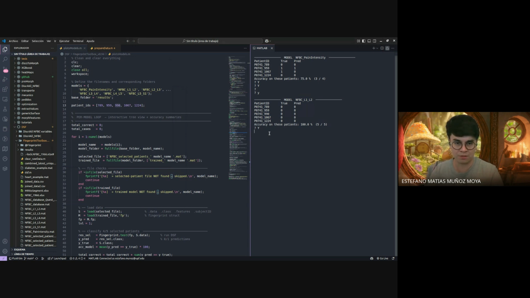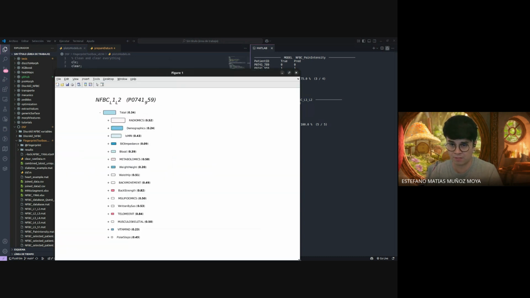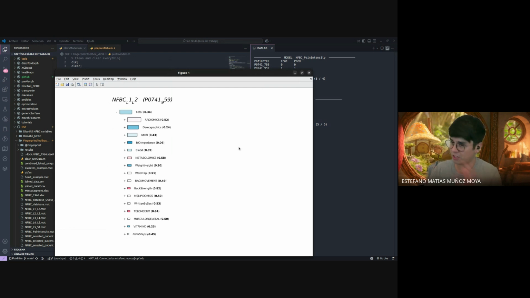If we continue, now we can observe that all of them more or less share the same DSF tree, but some of them have some changes. This is very useful because the DSF is telling us what variables were most preponderant to differentiate between these two groups.